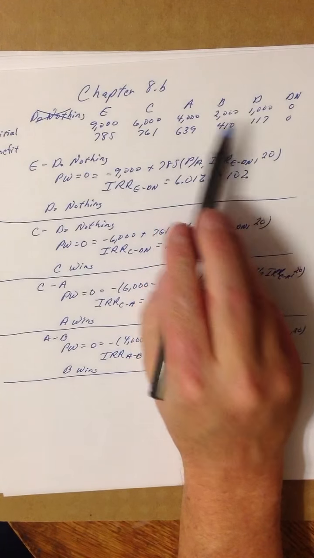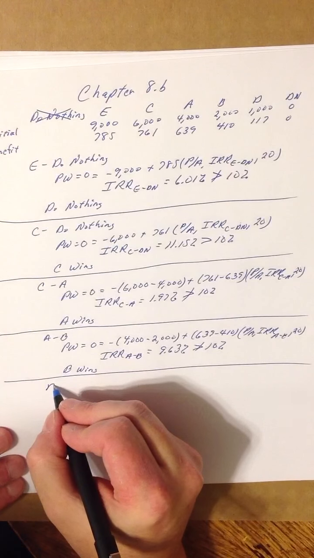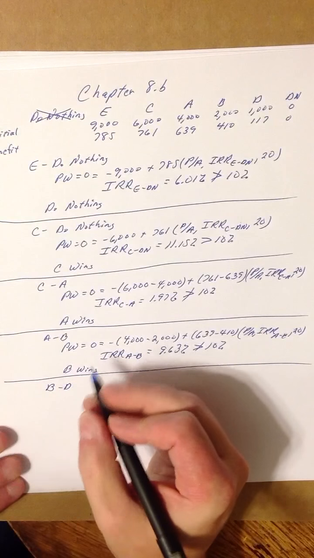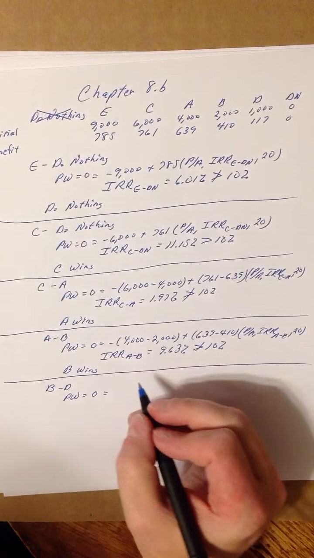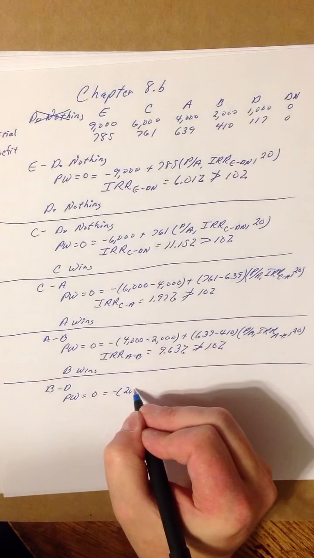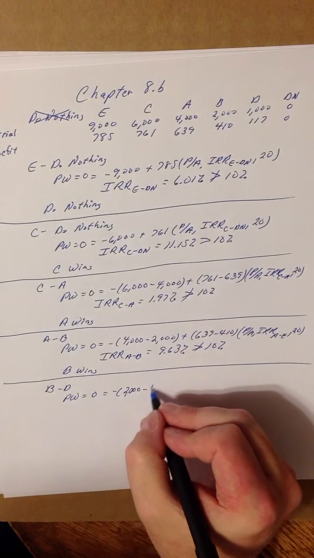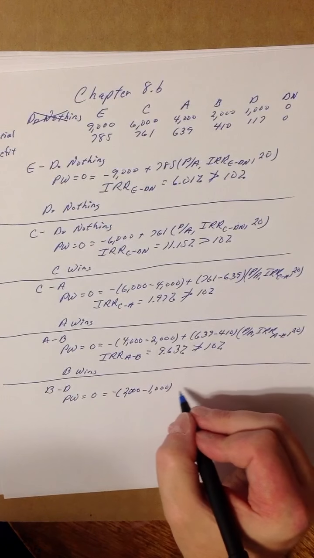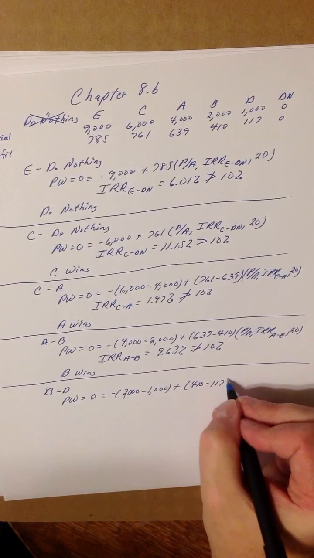So we have B winner, and now we're comparing it to D, which is the last one that we have. So we have the present worth equal to 0. We have the 2,000, subtracting from it 1,000. We're going to then add the 410 minus 117.